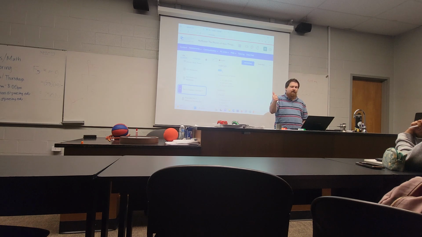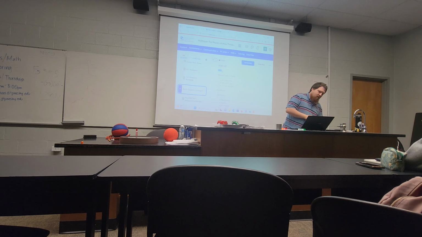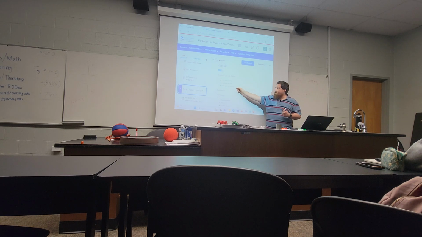If table pushes up on weight, therefore weight pushes down on table. Table doesn't care why, it just cares that it's happening. It doesn't know or care if gravity is responsible, it just knows weight push, I respond. So, be able to do that sort of a thought process if I start asking about action-reaction pairs.